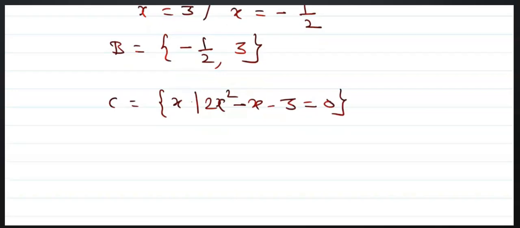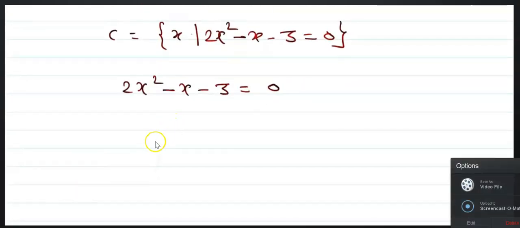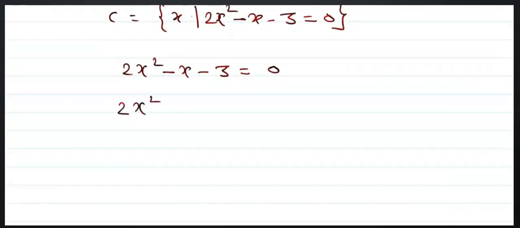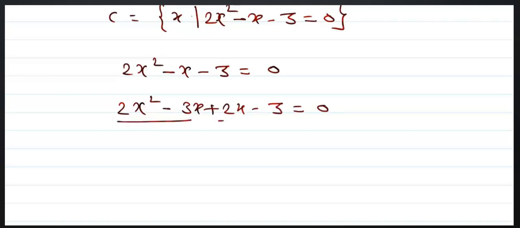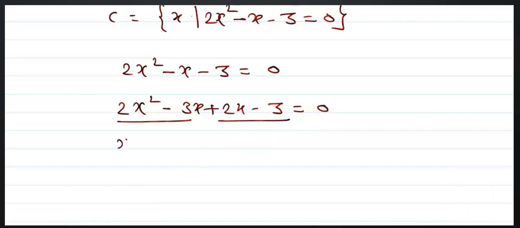Now, C is equal to, in curly brackets, x such that 2x square minus x minus 3 is equal to 0. Therefore, 2x square minus x minus 3 is equal to 0. Now, the multiplication of the first and last term is minus 6x square. Therefore, the factors are 2x square minus 3x plus 2x minus 3 is equal to 0.